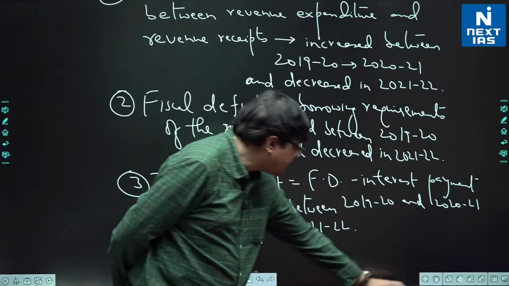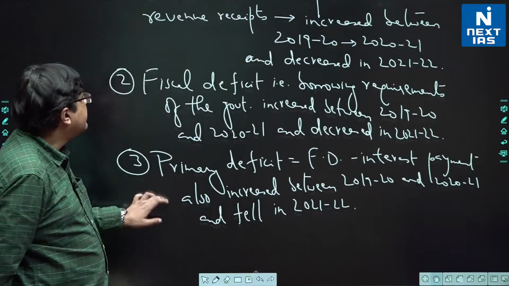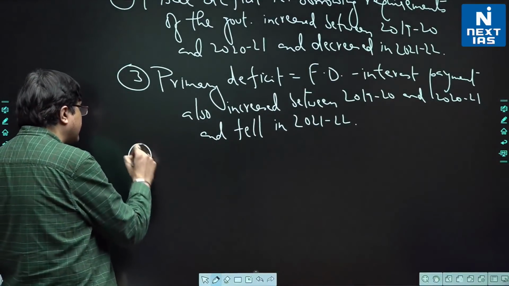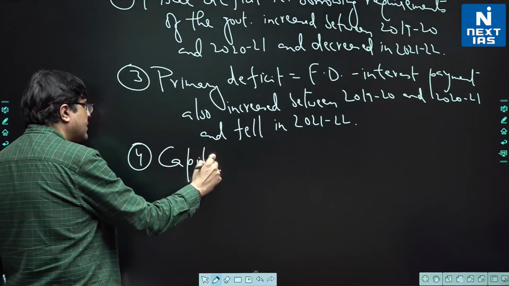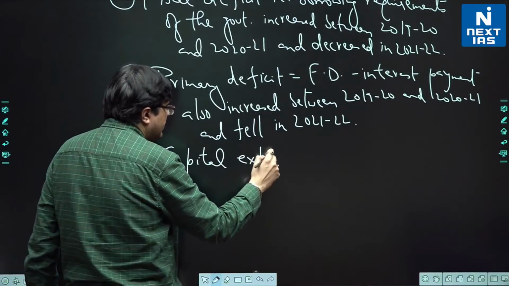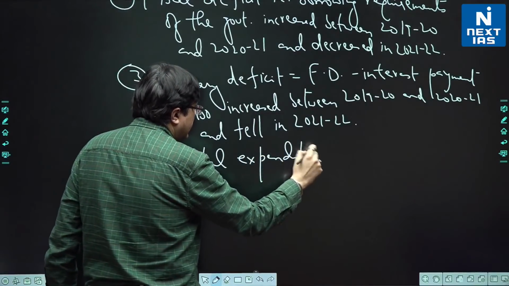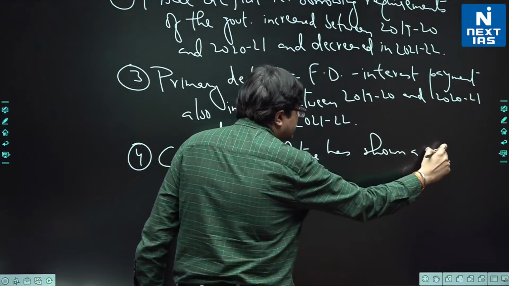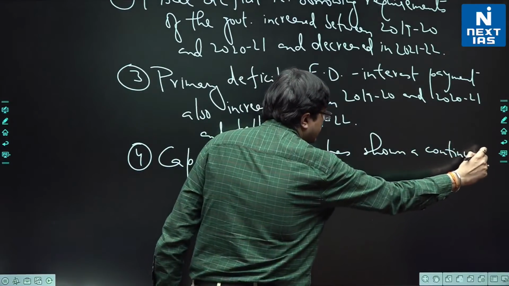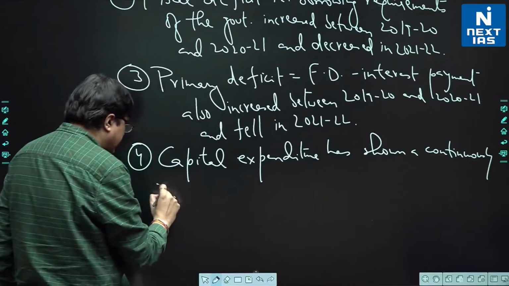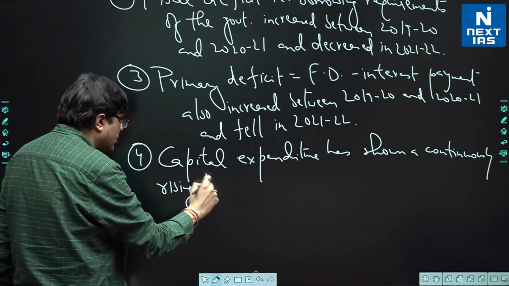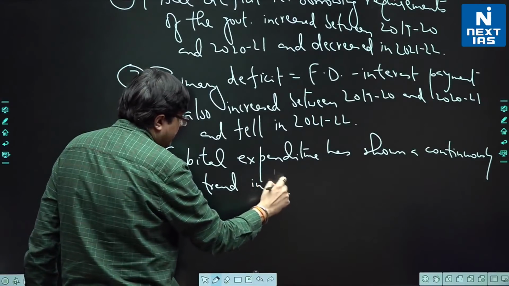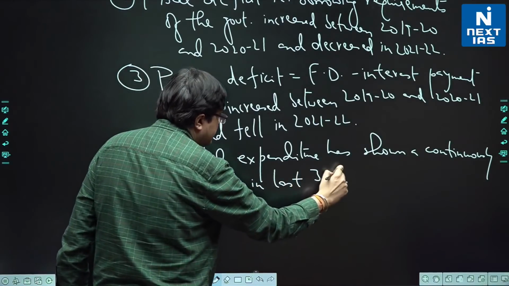So if they ask us a question with respect to capital expenditure, please keep that in mind: capital expenditure has shown a continuously rising trend in the last 3 years.